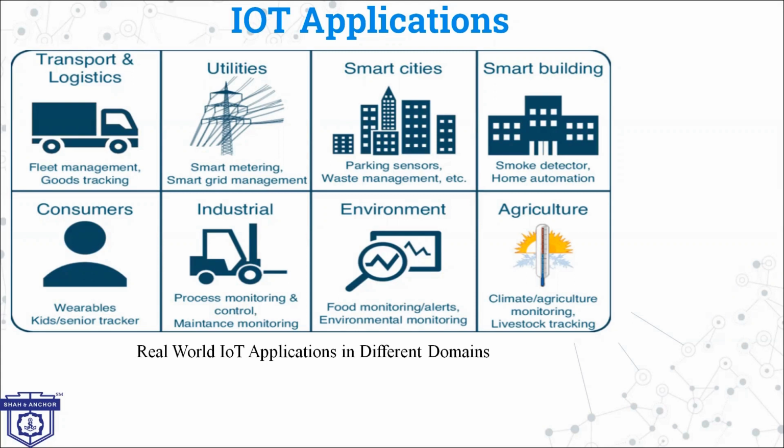Next, in the industrial domain, it can be used for process monitoring and control, and for maintenance monitoring. For the environment, it can be used for environment monitoring and alerts, such as food monitoring. And in the agriculture sector, it gives notifications about the climate and livestock tracking.